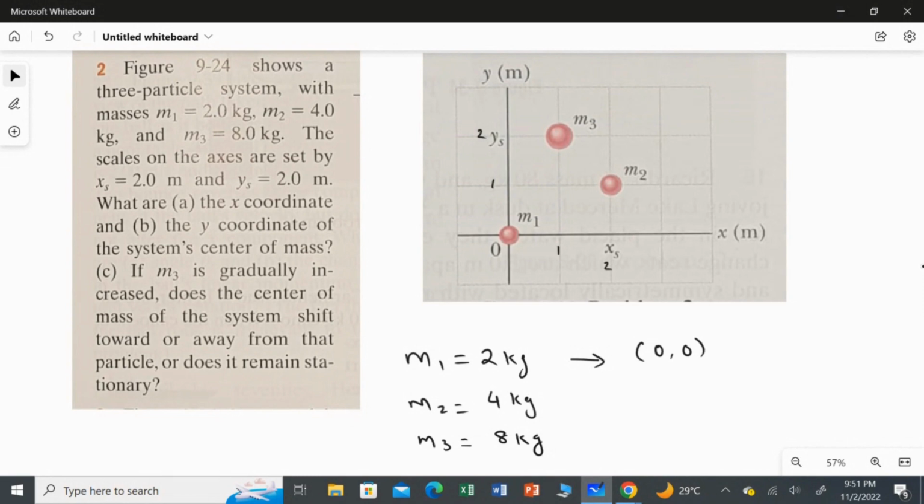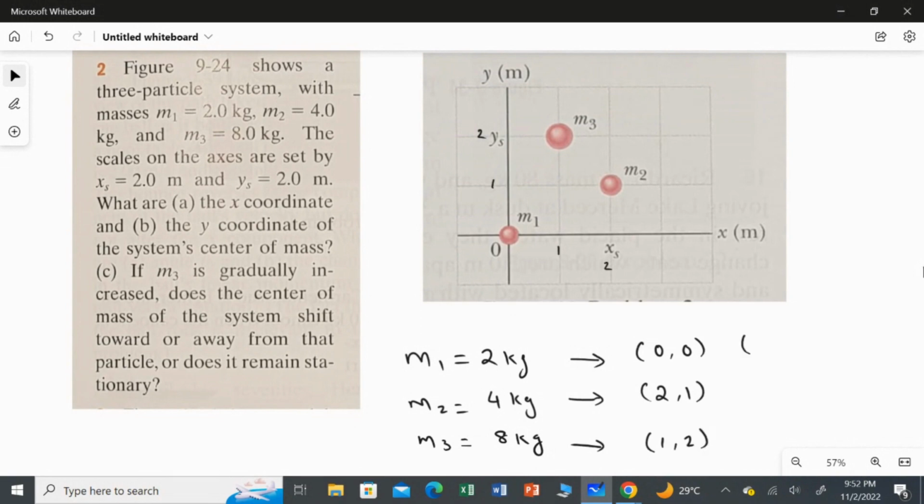And what is the location of m2? You can see the x value of m2 is exactly 2, and the y value is 1. So the location of the second mass is (2, 1). Likewise, the third particle is at x equal to 1 and y equal to 2, so (1, 2).